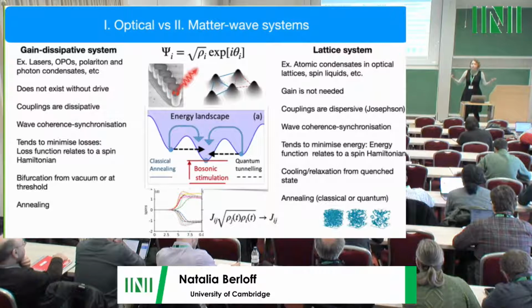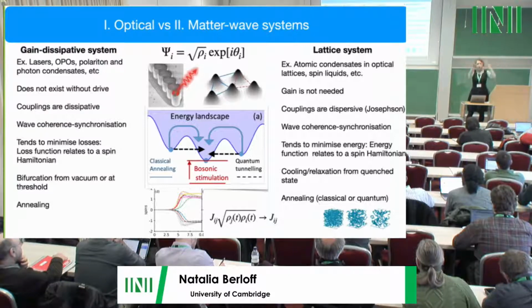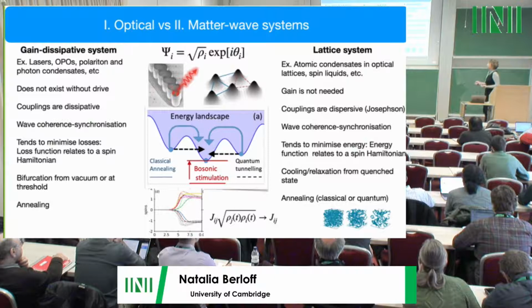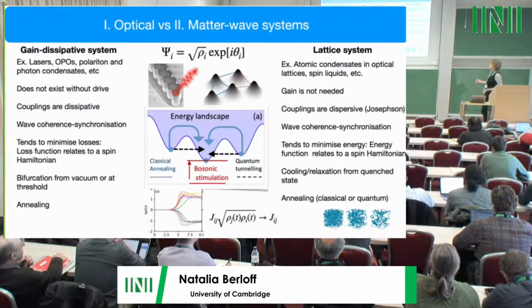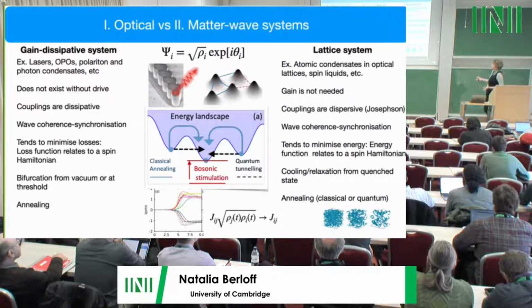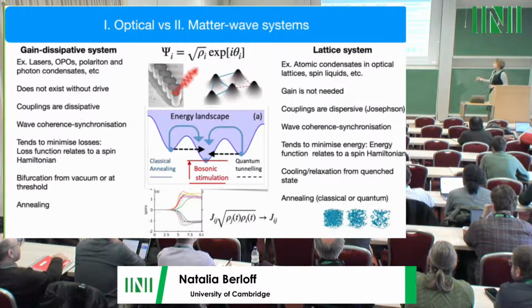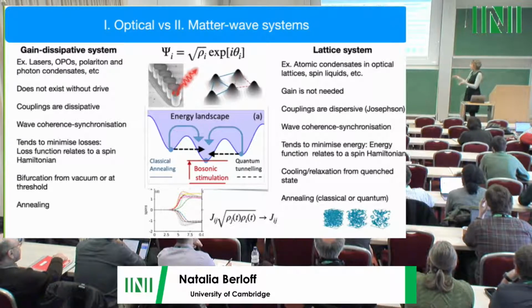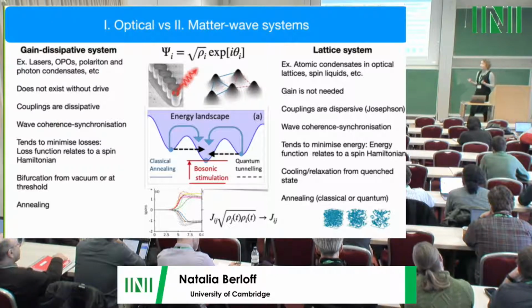But as you formulate the loss profile, this is the function that you would like to map your optimization problem into. And then you would like to bring the gain, so that if this is the loss profile for the system, I increase the gain, and then hopefully the first mode that lases, the supermode, emerges that corresponds to the first state that minimizes these losses.